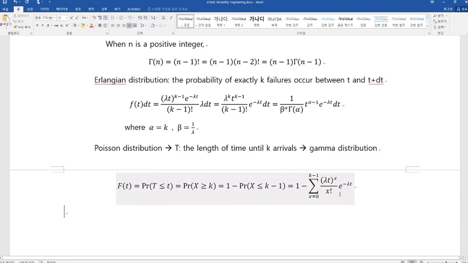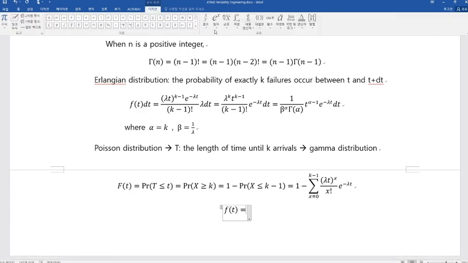And this would be the cumulative distribution function for this gamma distribution. Of course, we will be able to derive the gamma distribution by differentiating this cumulative distribution.